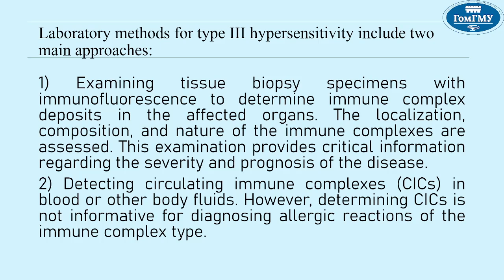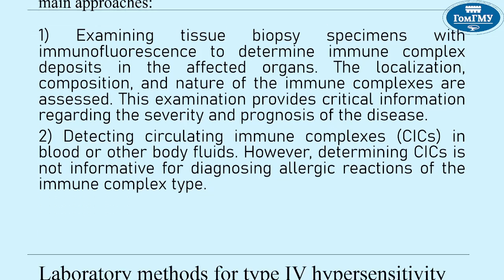This examination provides critical information regarding the severity and prognosis of the disease. And next, detecting circulating immune complexes in blood or other body fluids. However, determining circulating immune complexes is not informative for diagnosing allergic reactions of the immune complex type.